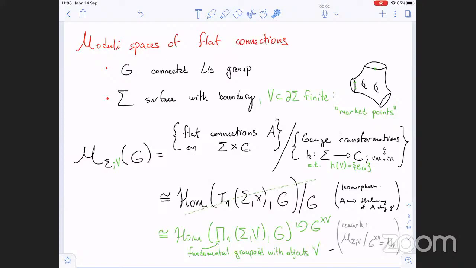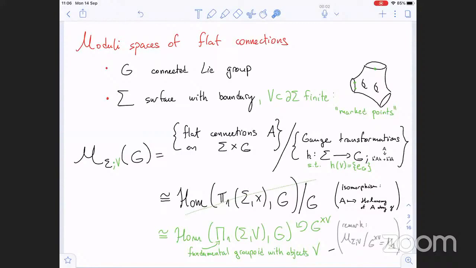So one thing you immediately see is that the holonomy is now well defined. It's not defined up to conjugation, because there are no gauge transformations if you take the holonomy along a path which ends at those marked points.